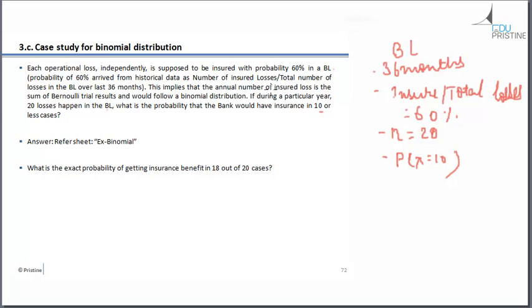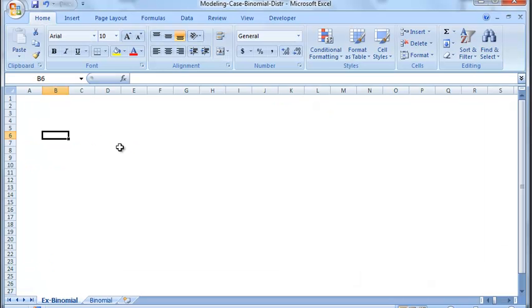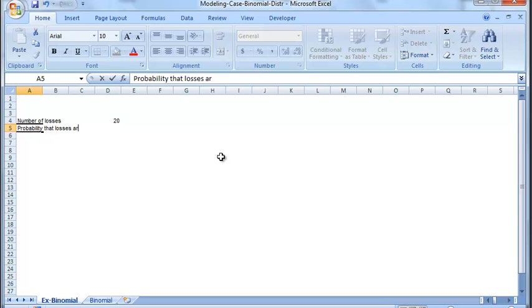So let's do it, and we have a sheet, EX binomial, and we have a file there. We will see the answer. But before that, let's do it in Excel. We have the number of losses. This is the given quantity and this is equal to 20. Now we also have the probability that losses are insured. This is equal to 60%.